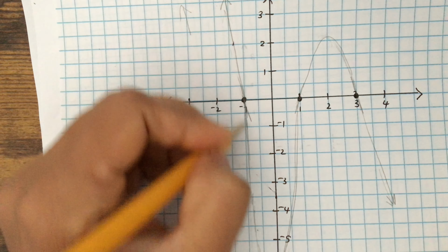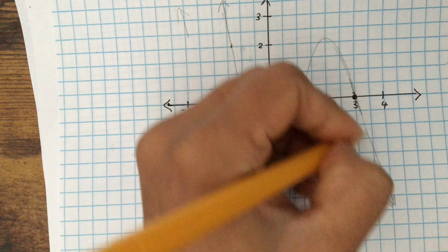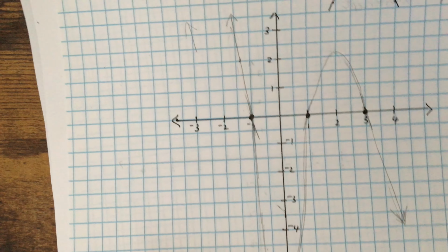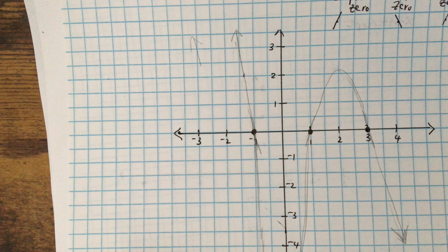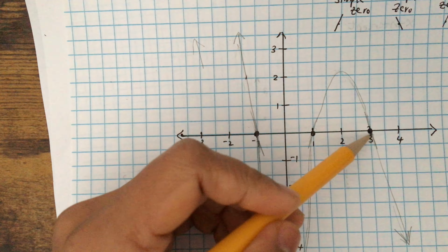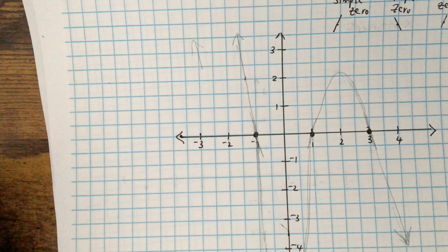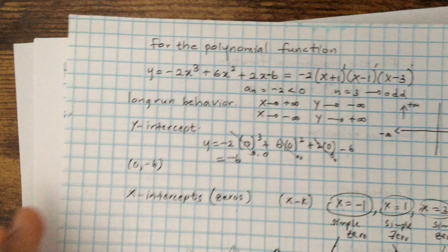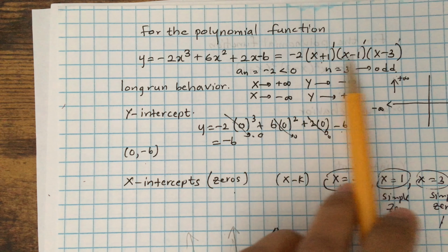So it goes like this and goes like that. Okay, so this is a sketch of this graph. So these are zeros, right? So this is the sketch of your polynomial, this one.